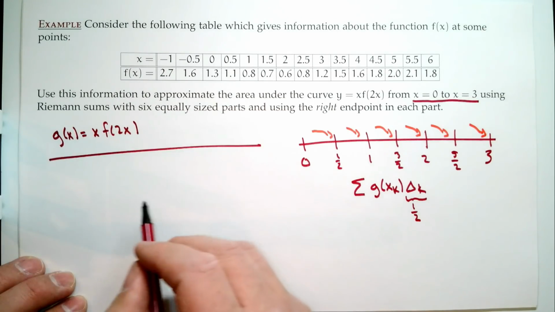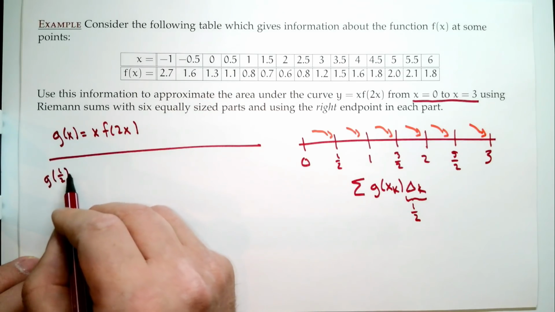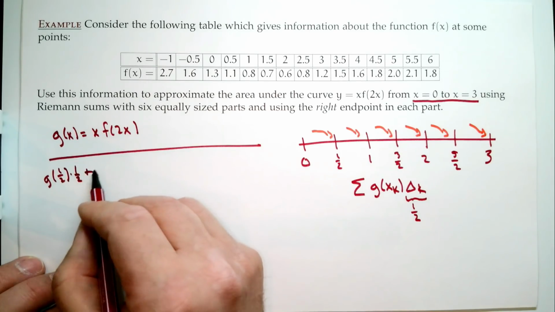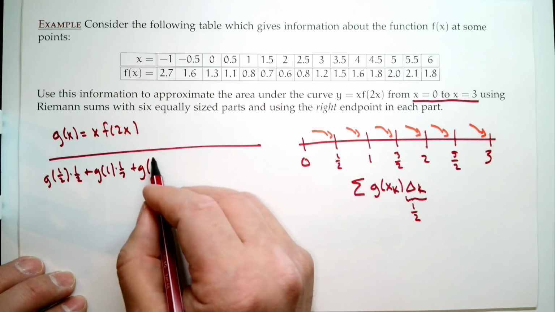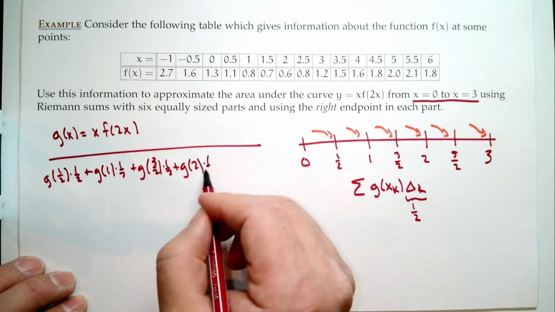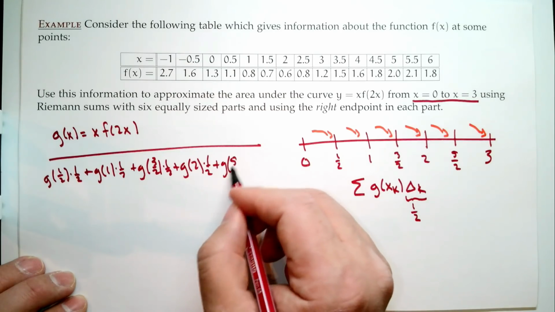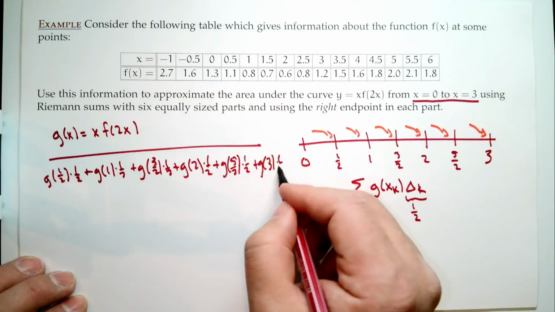Now our answer is going to be the following. We're going to apply g at a half, figure what that is, times a half, plus g at 1 times a half, plus g at 3 halves times a half, plus g at 2 times a half, plus g at 5 halves times a half, plus g of 3 times a half.